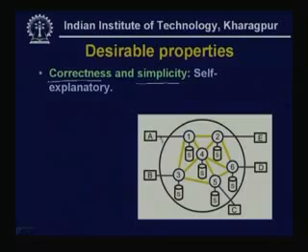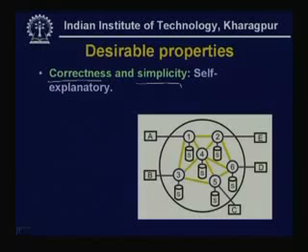If source is A and destination is D, it has to be delivered to the proper destination station. So, that is what is meant by correctness. By simplicity we mean the routing algorithm can be simple, can be very complex depending on which one we are using. Now, if it is complex, then it will put large overhead on the nodes. So, it is necessary to make the routing algorithm simple.